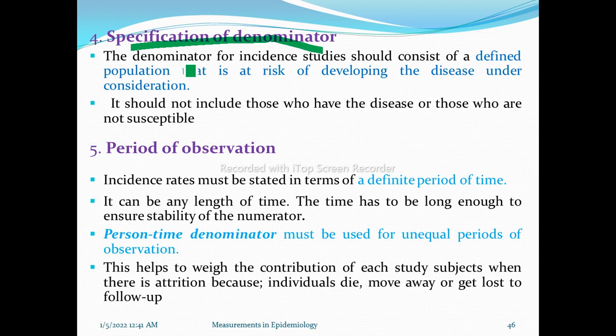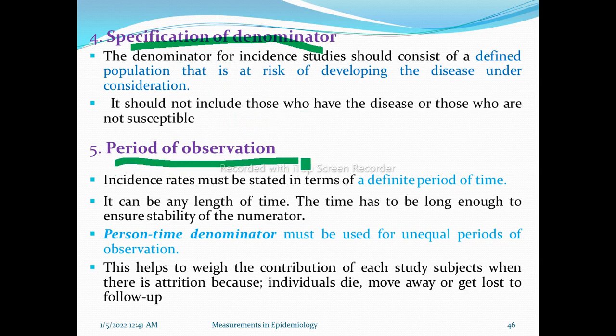Each individual followed has the probability to develop the outcome of interest but has not developed it. Those who are not susceptible or not exposed should not be members of the denominator. So the denominator should be specified.